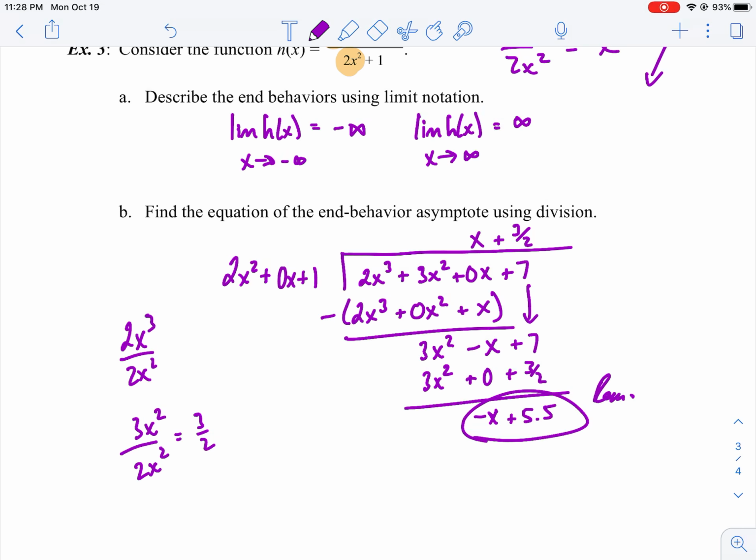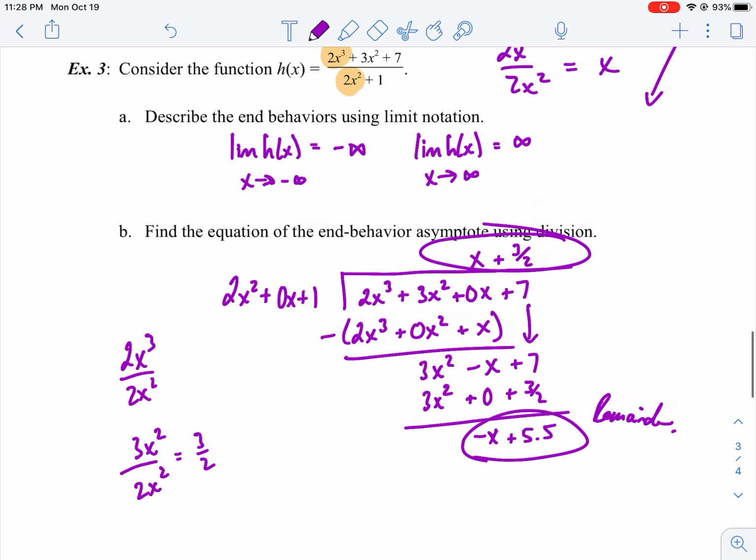This is my remainder, so I don't even care about that because as I go to infinity, this is what it's going to approach. So the great thing is we can always just ignore the remainder because we are just curious to know what that asymptote is going to be. So our asymptote is going to be y equals x plus 1.5.